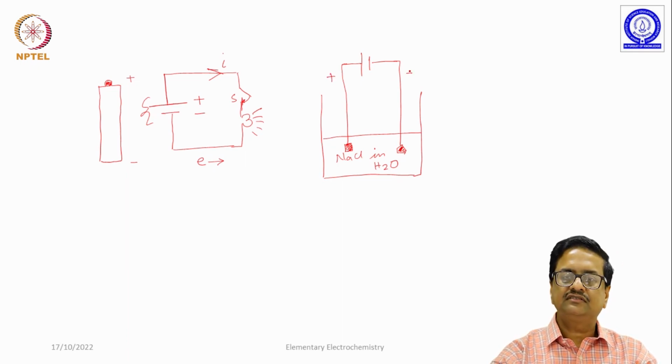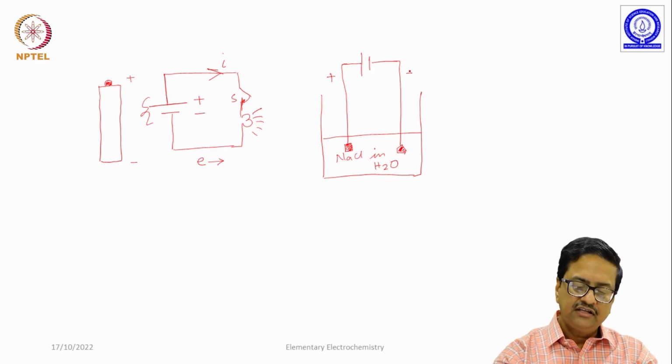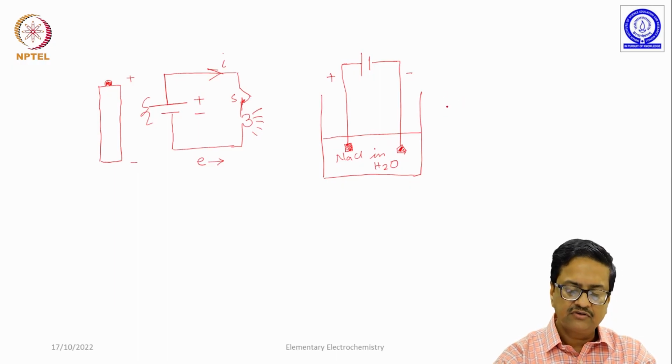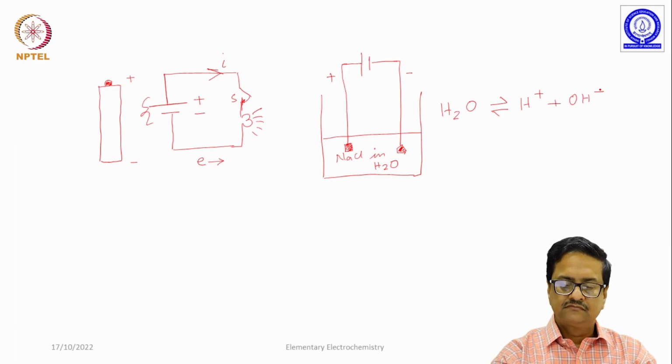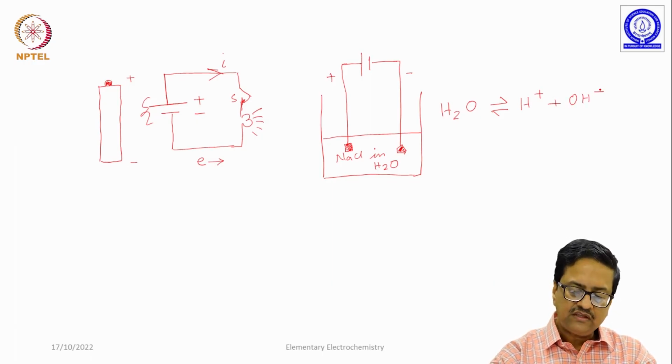So in this case, what happens? Here, a solution of sodium chloride in water, or just tap water, which will be conducting electricity, this will break water into H plus and OH minus ions. What will happen? The H plus ions will move towards the negative electrode.